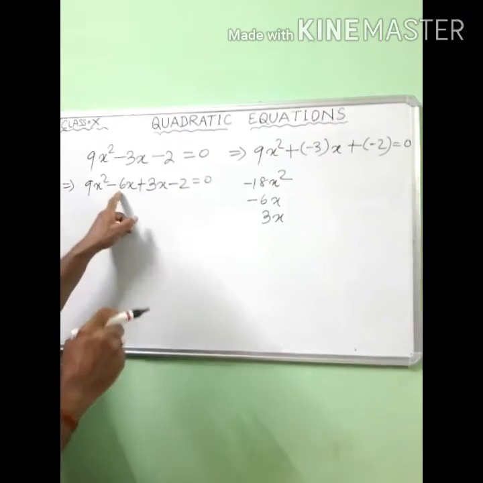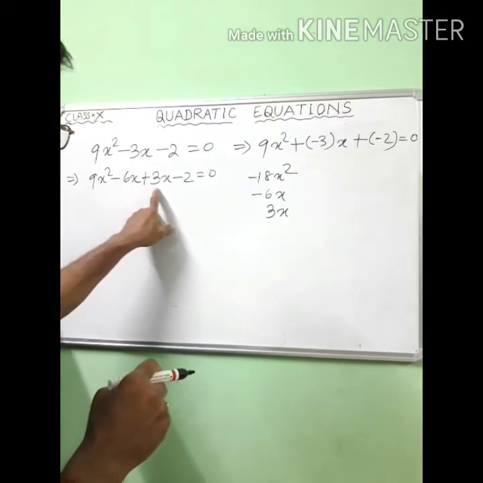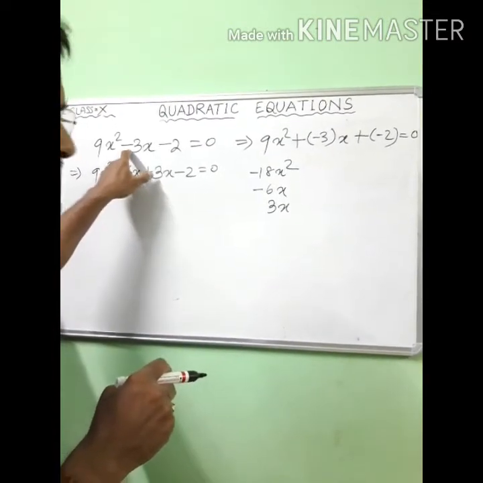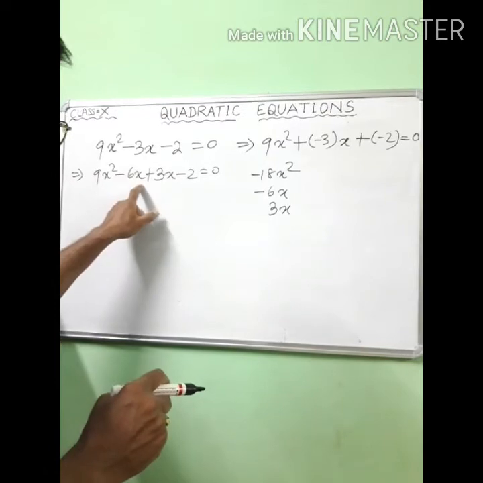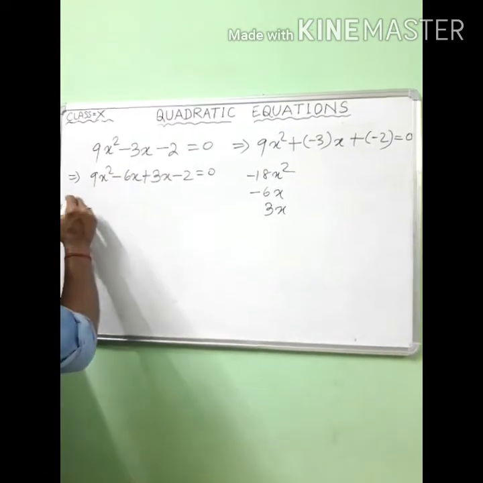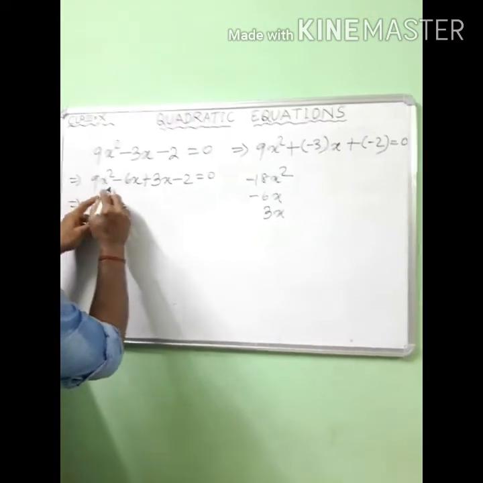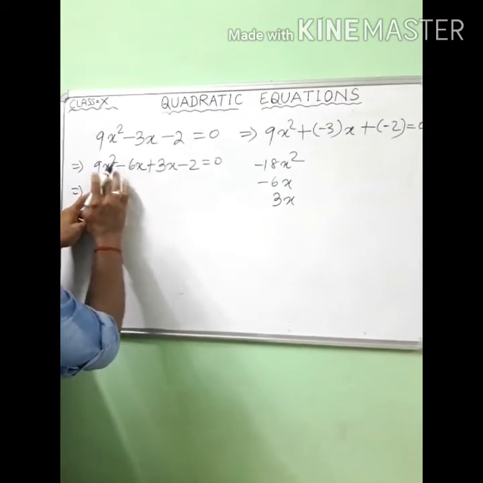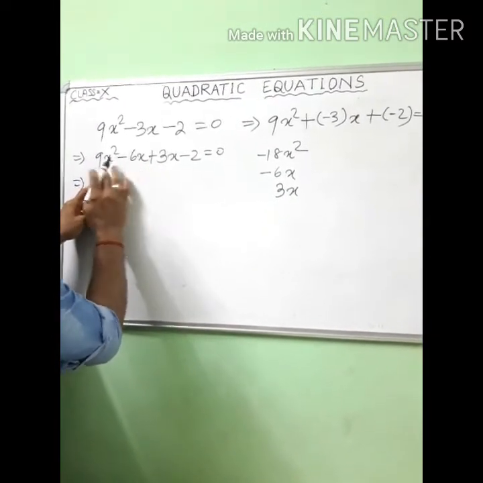Here, minus 6x plus 3x is equal to what? Minus 3x, the middle term. Minus 2 is equal to 0. Among the two terms, 3x is taken as common.